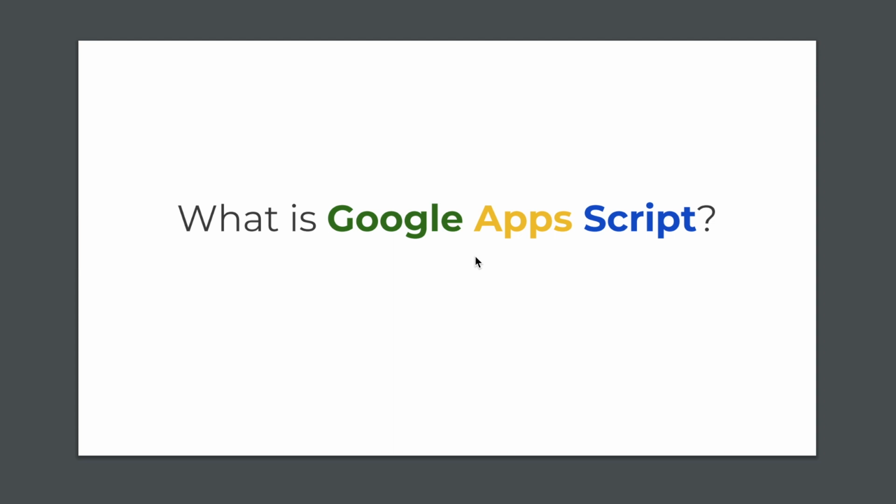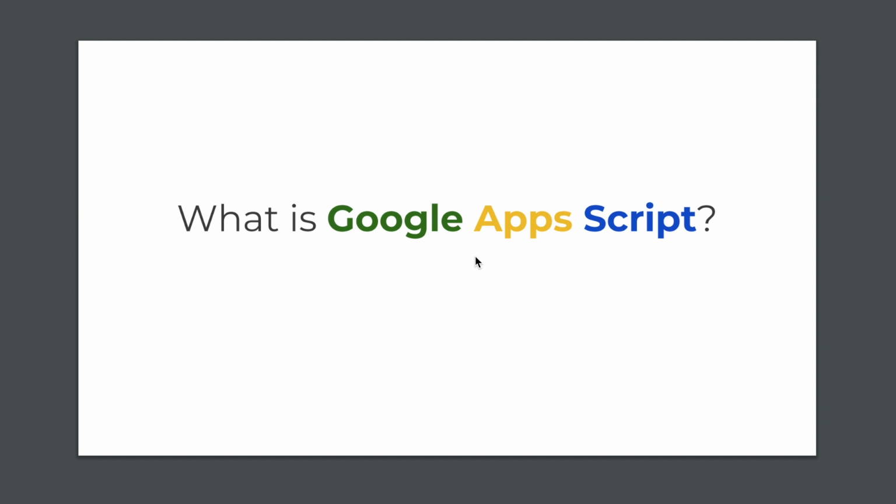So a lot of you might be asking, what is Google Apps Script? Well, Google Apps Script is a lightweight application development tool that was developed by Google for G Suite platform. In my opinion, it's more of a counterpart of Excel VBA, allowing you to extend the functionality of Google Spreadsheets, Docs, Forms, Slides, and Gmail.